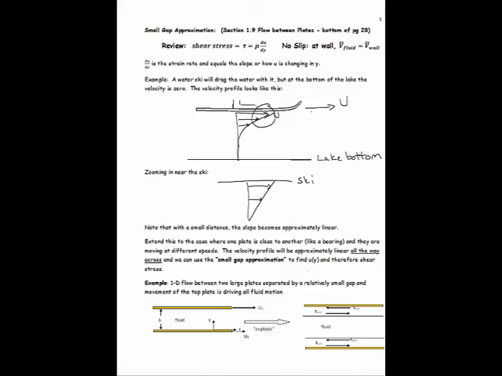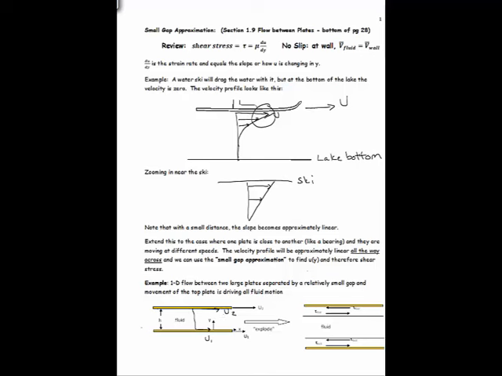For example, if we have two plates and this bottom plate is moving at a velocity u1 and the top plate is moving faster, velocity u2, well, the no slip condition says that here our velocity has to be u2. Here at the bottom our velocity is u1, which is slower.